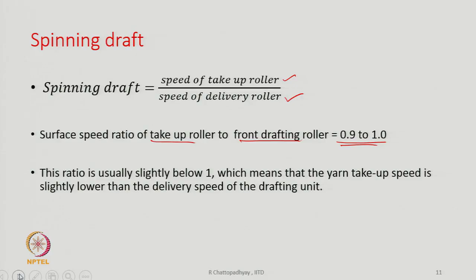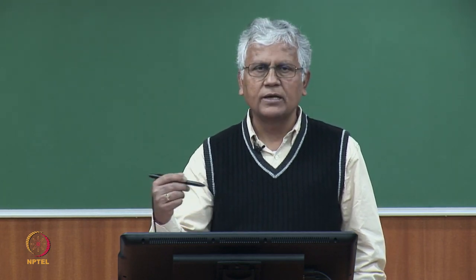So, we keep a draft which is a little less than 1, because we know that as these fibers get twisted, their axial length, the length along the yarn axis, is going to reduce, because they are going to follow a spiral, helical path finally, and therefore the overall length of the yarn is going to be a little less than the length of fibers being delivered into the twisting zone.